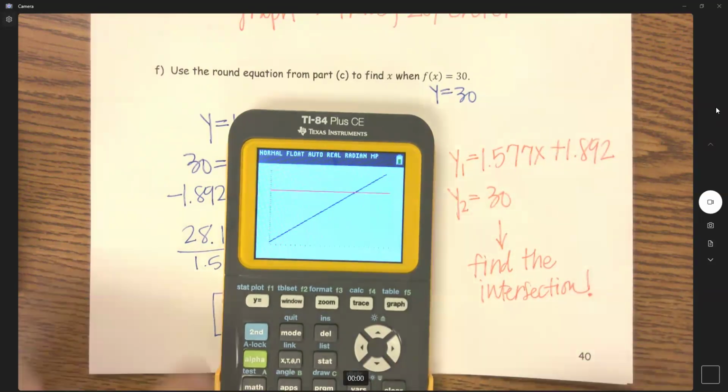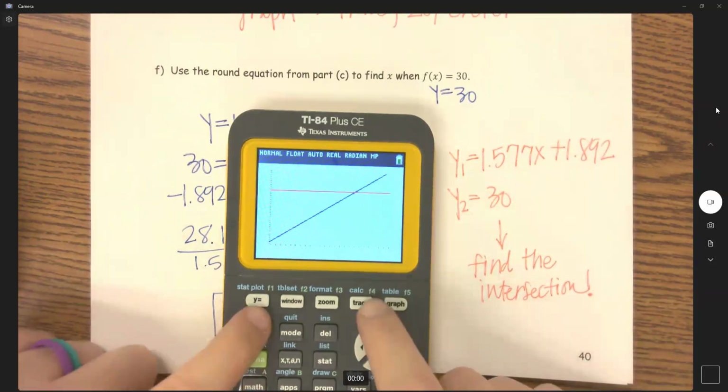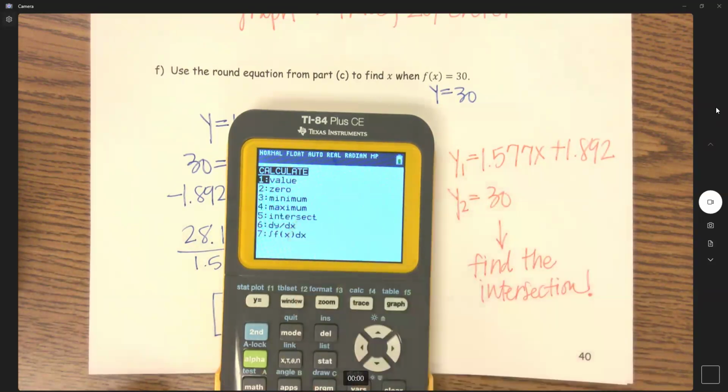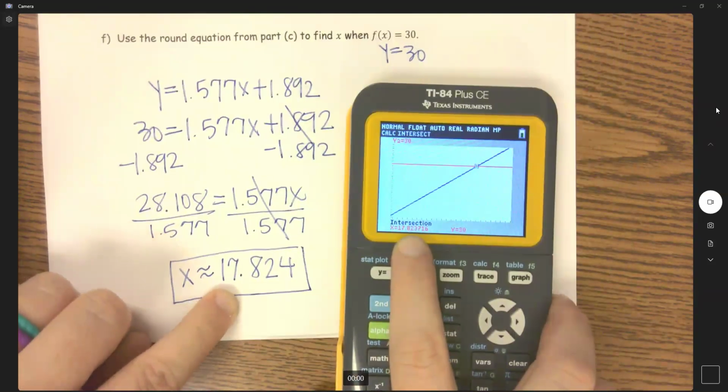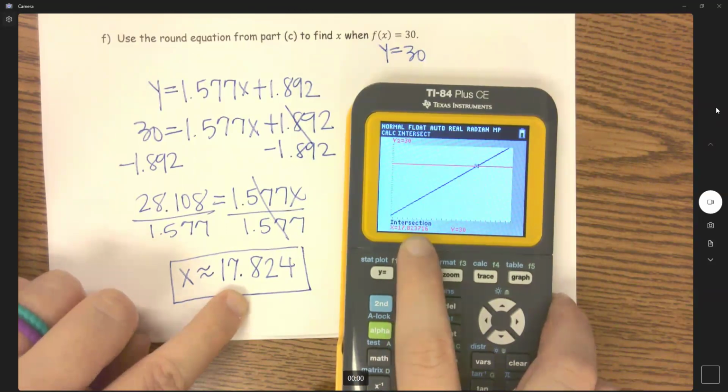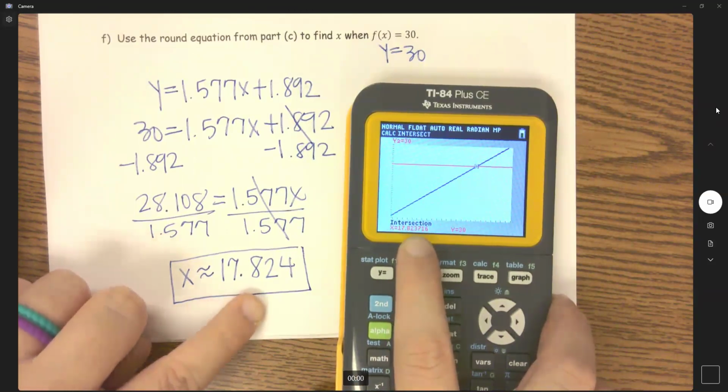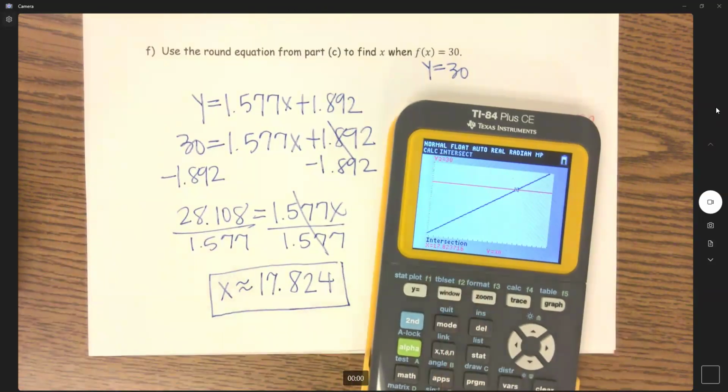So from last lesson, we're going to go to calc. So second trace, and I want the intersection. So number 5, and then enter, enter, enter. And we get x is about 17.824. So you can use either of those two methods.